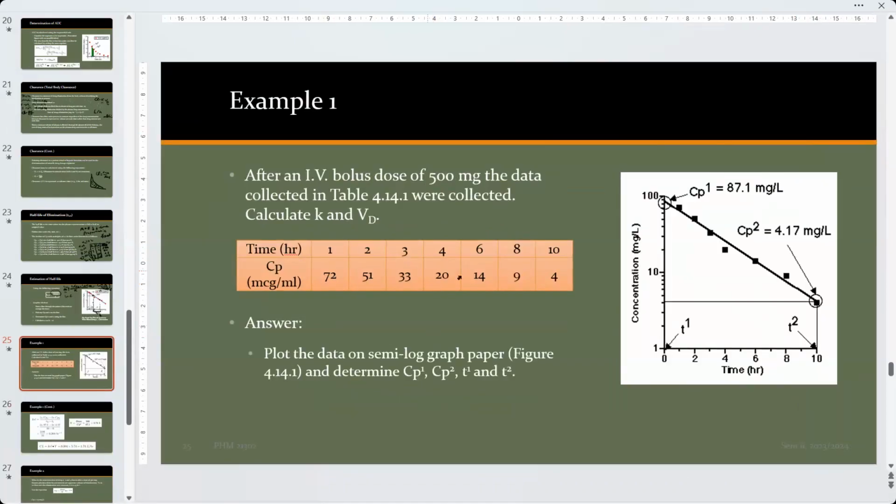These are the concentrations at different time intervals. They ask you to plot and calculate K and VD.